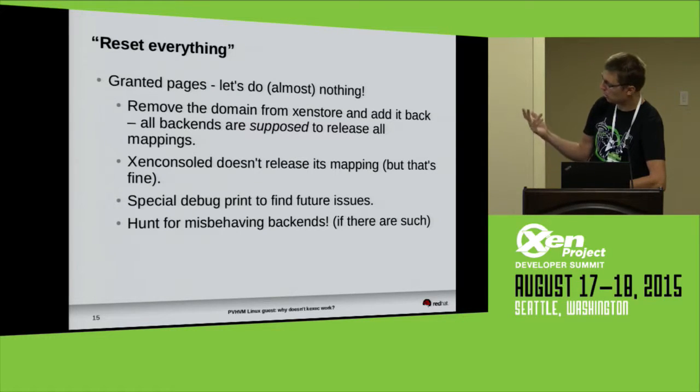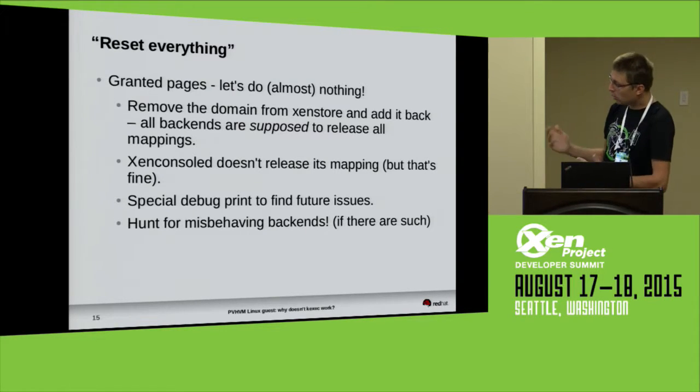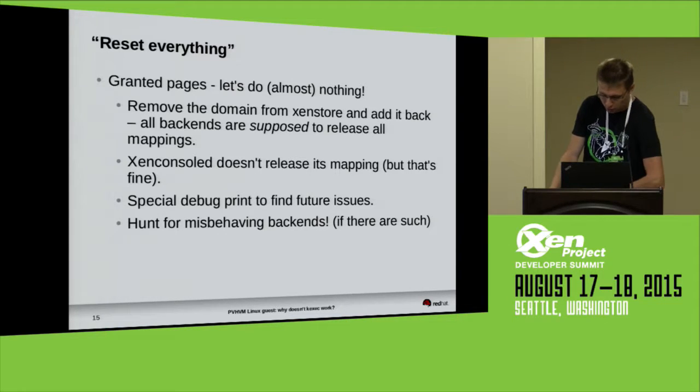All backends which are good backends are supposed to release all their mappings. And then we introduce our domain back, and everyone who is interested in watching for the domain creation will receive a signal that a new domain was created, and they will start from scratch.